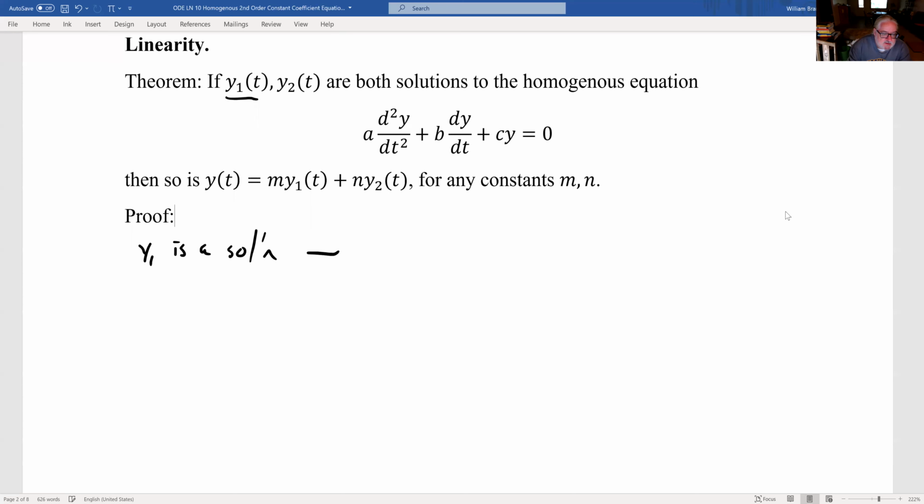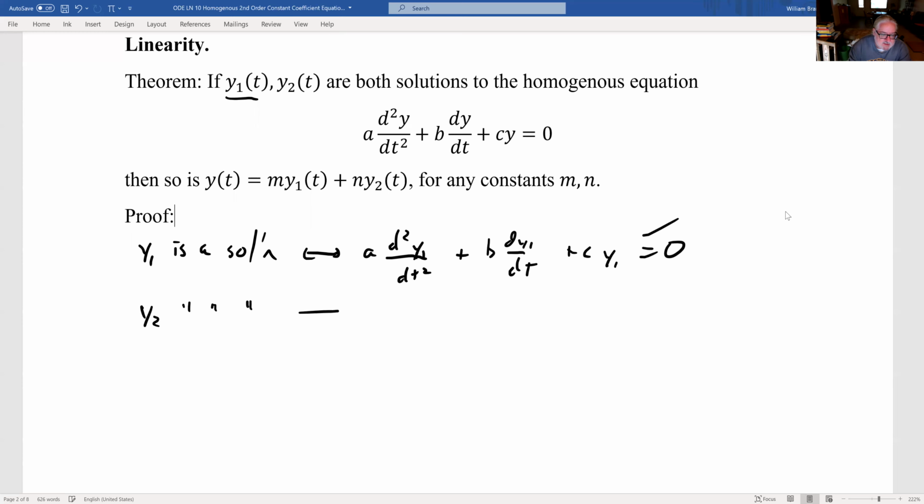Being a solution means that if you plug it into the equation, you get 0. This holds true because y1 is a solution. Likewise, y2 is a solution. That means that the second derivative of y2, whatever function it might be, plus b times the first derivative of y2 plus c y2 equals 0.